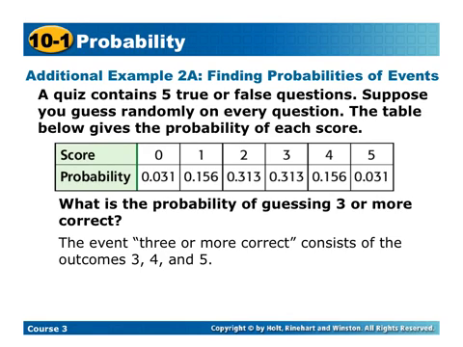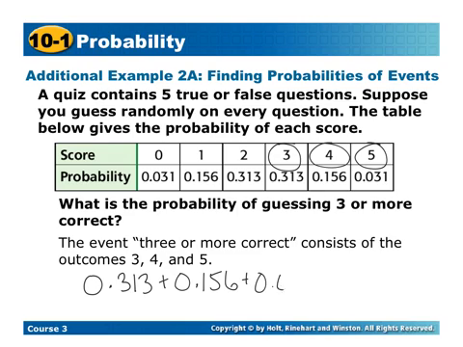And we want to know what's the probability of guessing 3 or more. So if you're guessing 3 or more correctly, that means it includes a 3, a 4, and a 5. So we're actually going to add all 3 of those probabilities up. And when we do that, we actually find the probability is 0.5 or 50%.